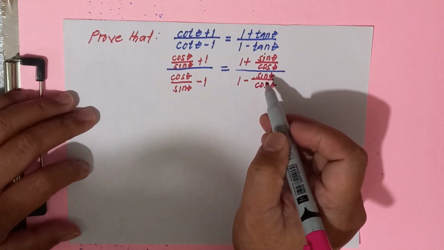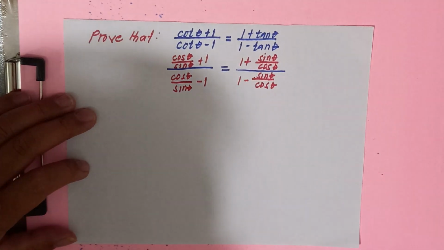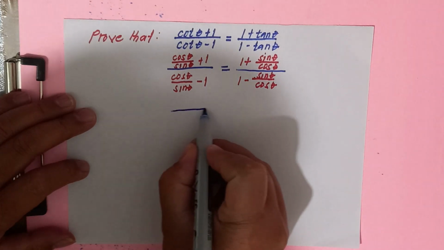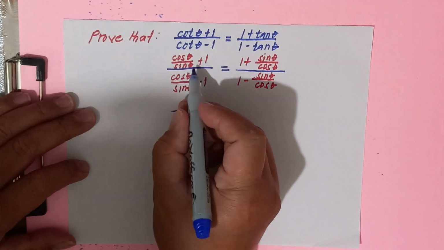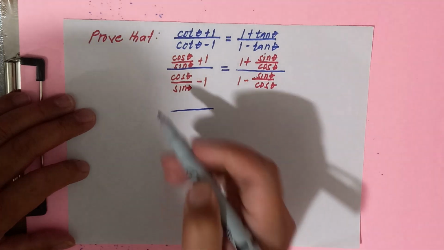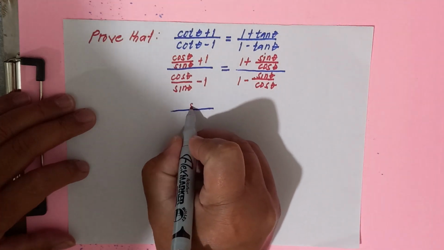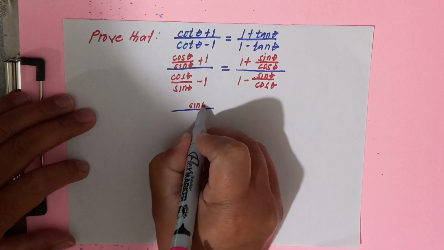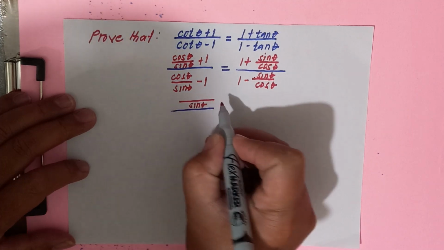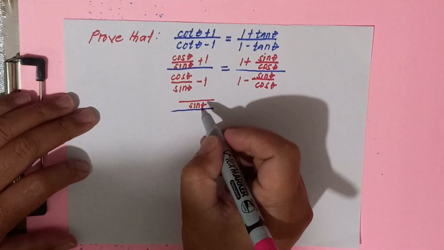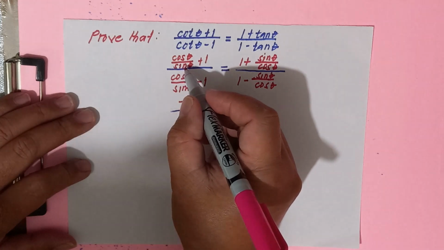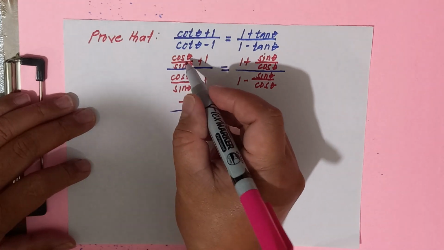Okay, normally what we will be doing is we get the LCD of the numerator of this one. So what would be the LCD? Our LCD is sine theta. So that is our LCD. Now, of course, after having now the LCD, we can say now that sine theta divided by sine theta is the same as 1 multiplied by cosine theta.